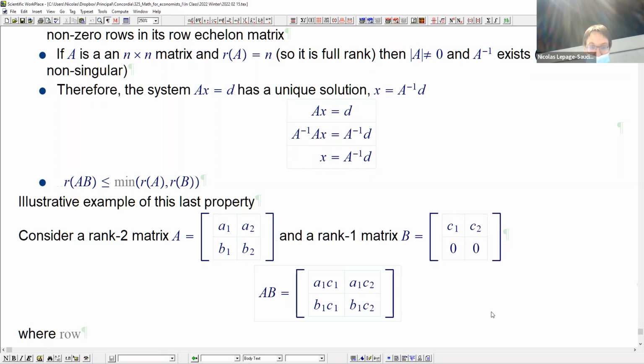Or let's just say column 2 is a multiple of column 1.